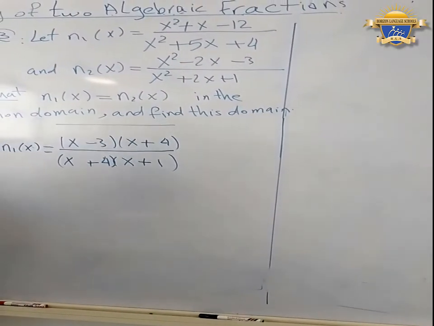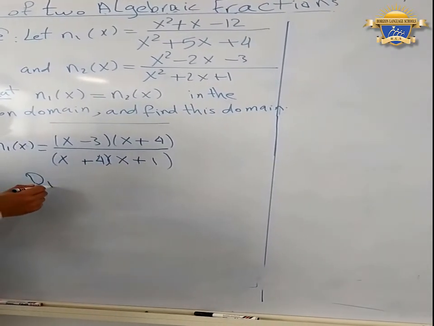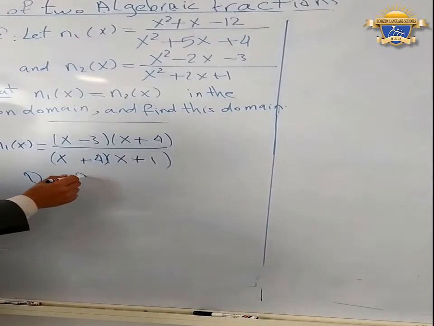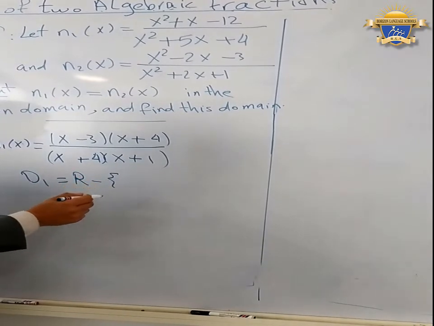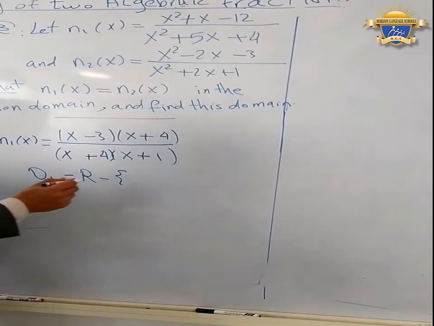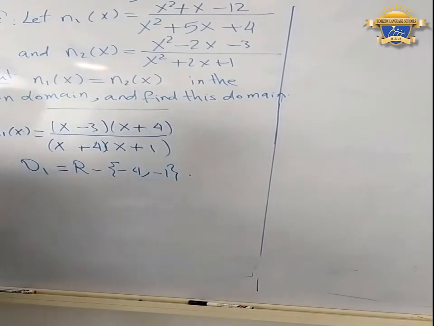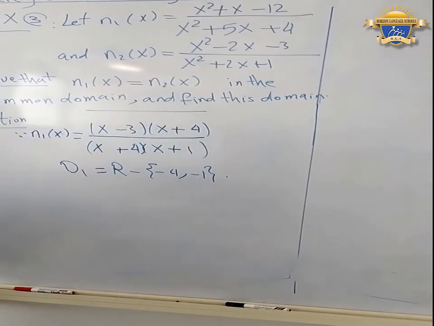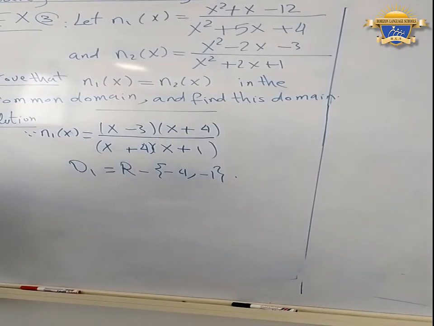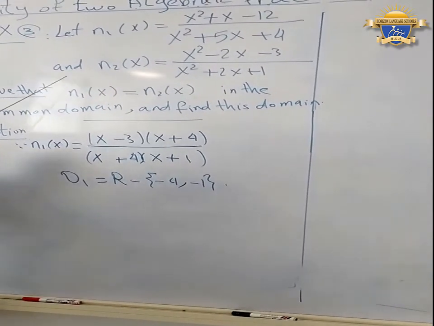The second step is to determine the domain of N1, which equals R minus the set of zeros of the denominator, which are negative 4 and negative 1. This is about N1 of x. The same steps will be taken for N2 of x.